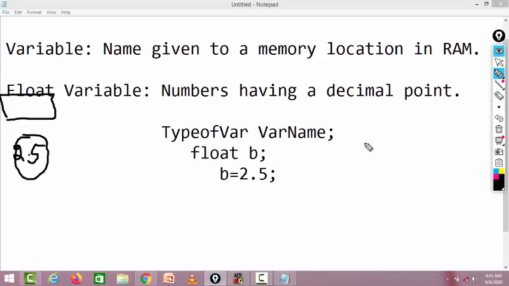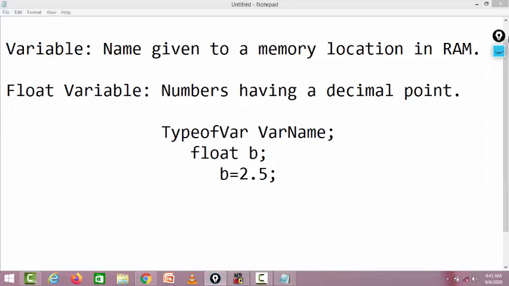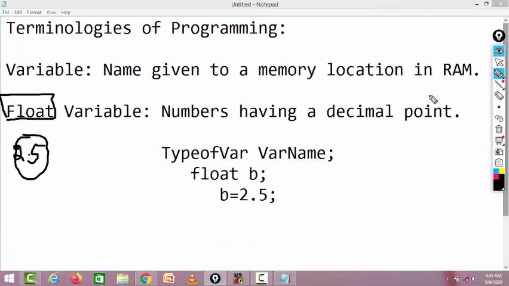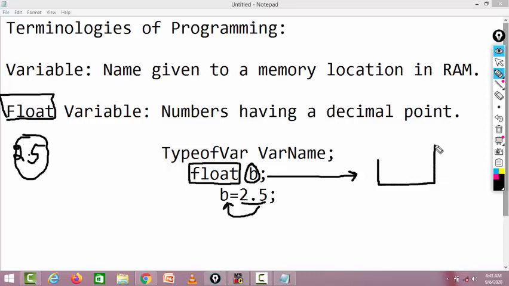So the user is interested to store 2.5 in a program, so he has to declare a float variable. This is actually a keyword, a predefined word, predefined to the compiler. This is the name of the variable, and that is the value that a user is assigning to this variable. When the compiler reads this line, the compiler goes to the RAM and allocates how much memory?